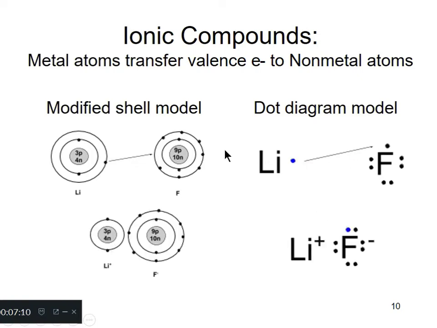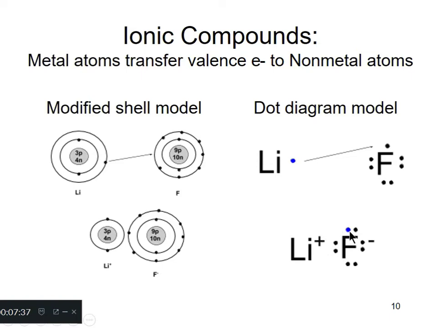When I'm done, in this version, I see that fluorine has a full valence shell, and it has a total of 10 electrons, but it only has 9 protons, so it has a -1 charge. Lithium has only 2 electrons, but 3 protons, so it has a +1 charge. Here, I'm just showing that this no longer has an electron, and it has a plus charge.